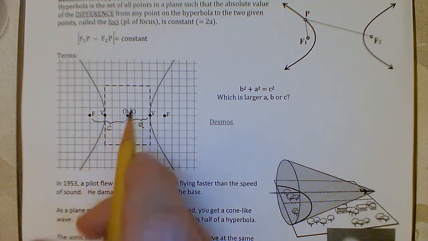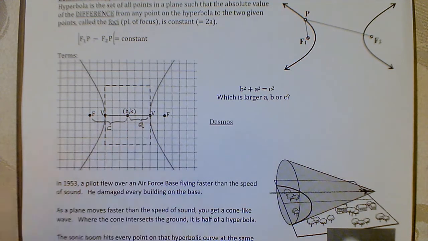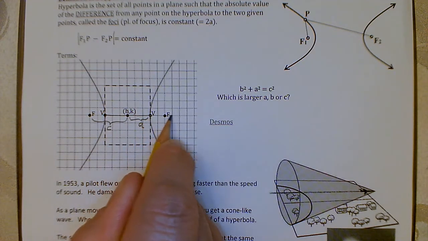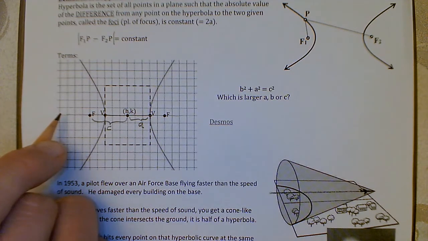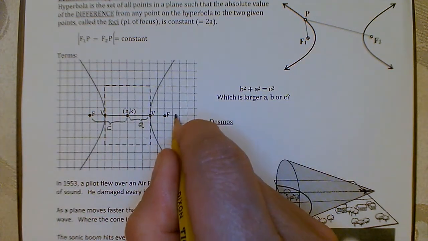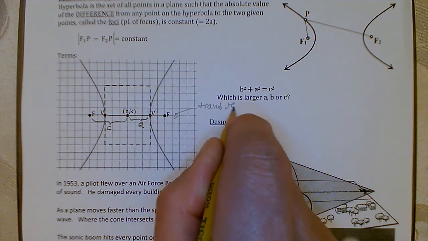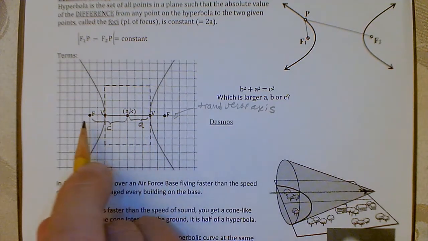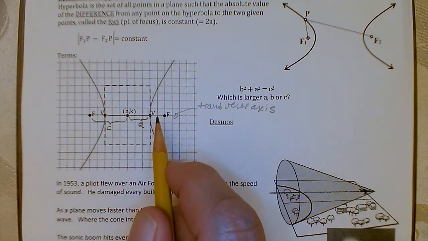All right, so if we draw an axis through the vertices, we refer to this as the transverse axis. You can think about continuing it, and it contains the foci as well. It's the axis that gets traversed or crossed by the hyperbola.